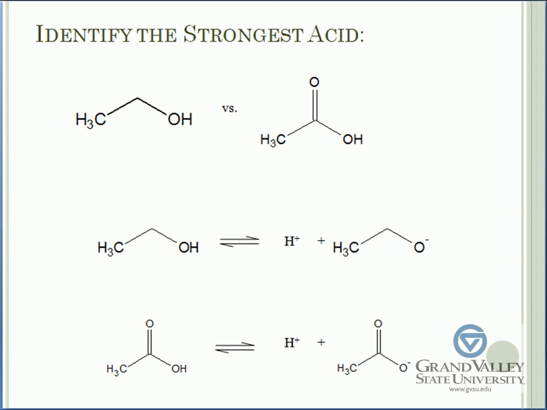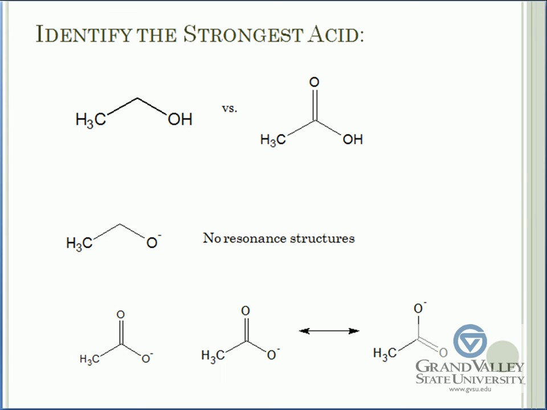This is called the inductive effect. Additionally, for the ethoxide ion, there's no possible resonance structure that can be drawn. The acetate ion, however, has another possible resonance structure, and here are the resonance structures. Therefore, the negative charge is delocalized in the acetate ion, making it the more stable anion, and thus acetic acid is the stronger acid.